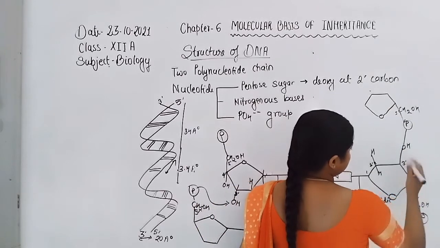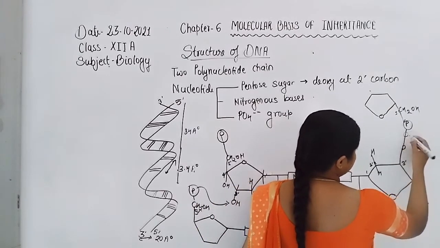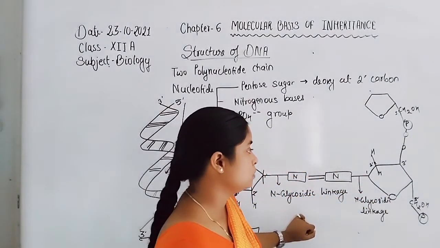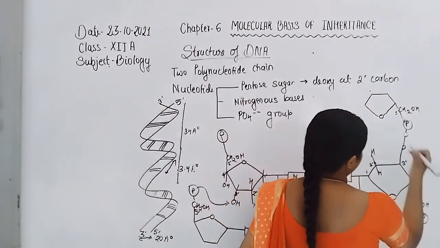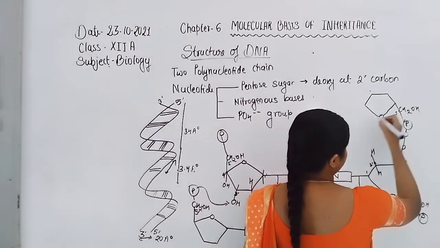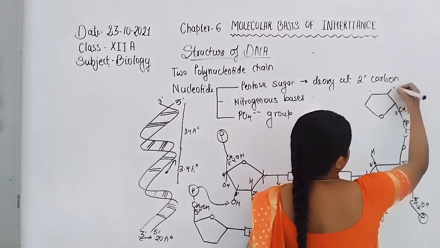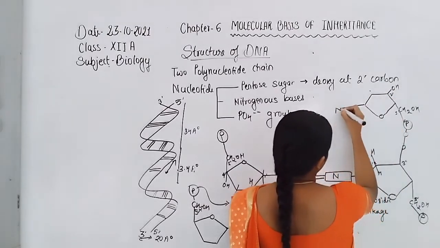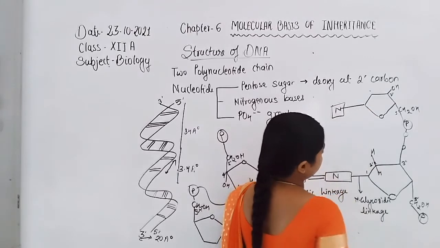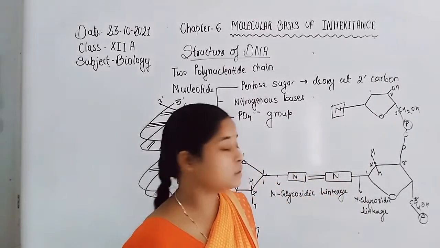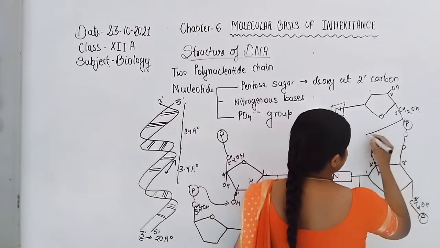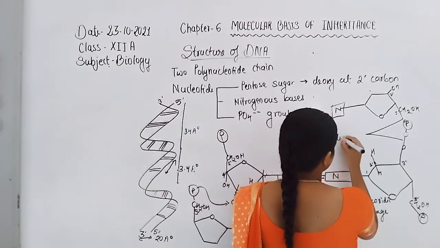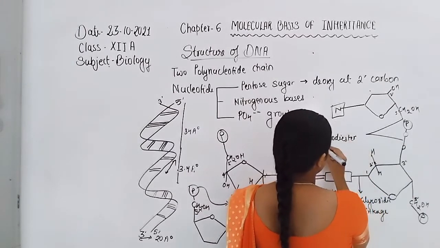The nucleophilic attack is done here, and that makes a diester bond with the 3 prime, because the 3 prime hydroxyl group is here and the phosphate is present on the 5 prime of the incoming nucleotide. The nitrogenous base bonds by the N-glycosidic linkage. Now this bond is known as the phosphodiester bond.